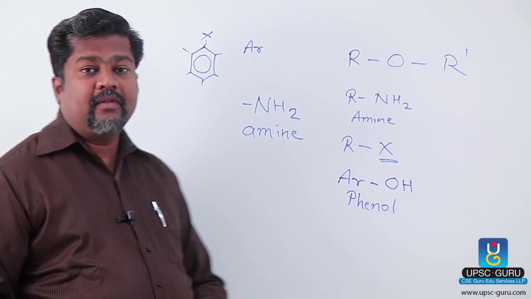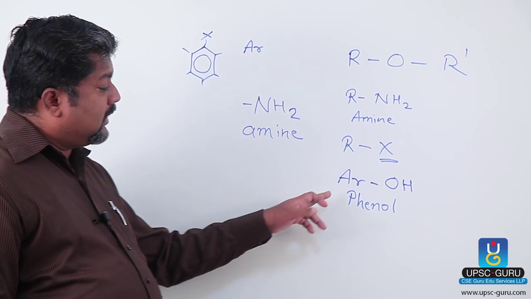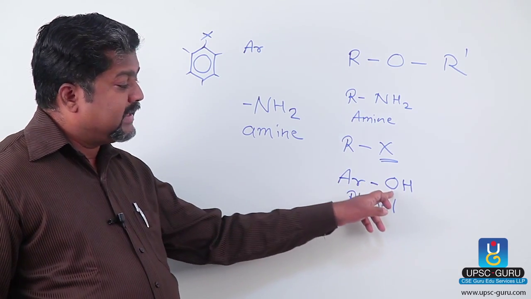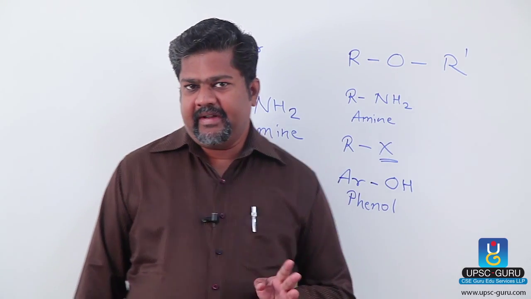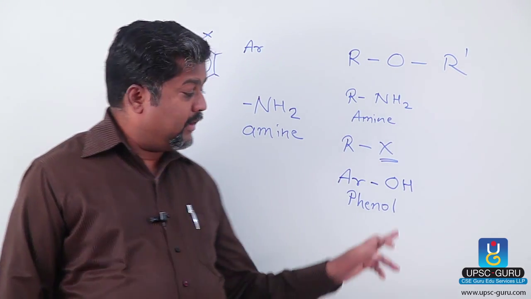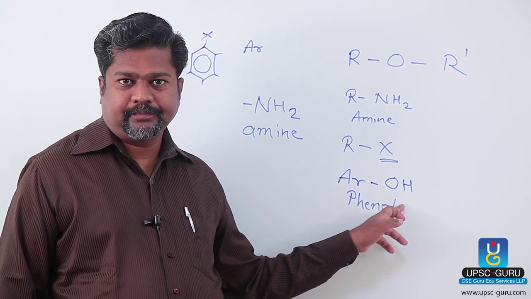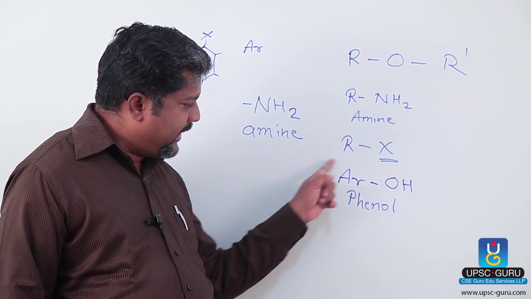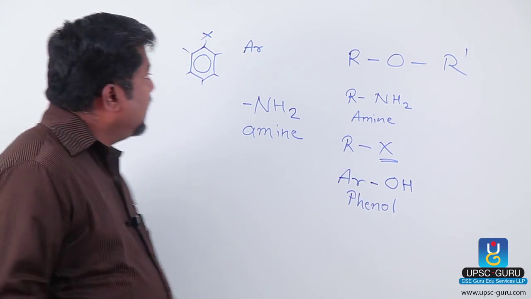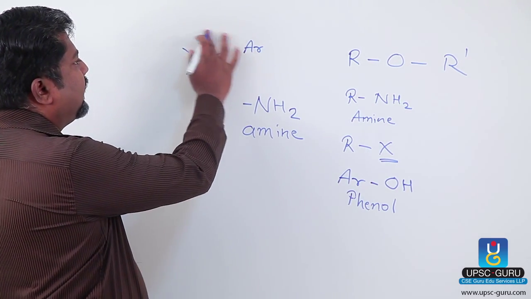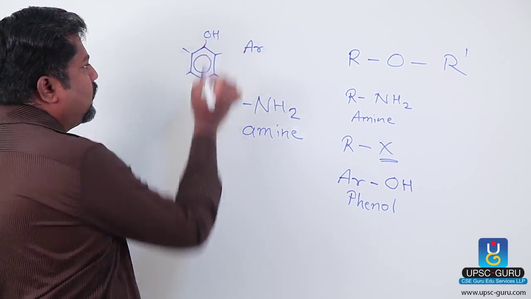Try to recollect, we discussed this part, that an aromatic group is there and OH. Now this OH is slightly acidic. Again keep in mind, OH is neither acidic nor basic nor neutral. It depends on the structure which is attached here. So if I am saying phenol, then this is the structure of phenol.